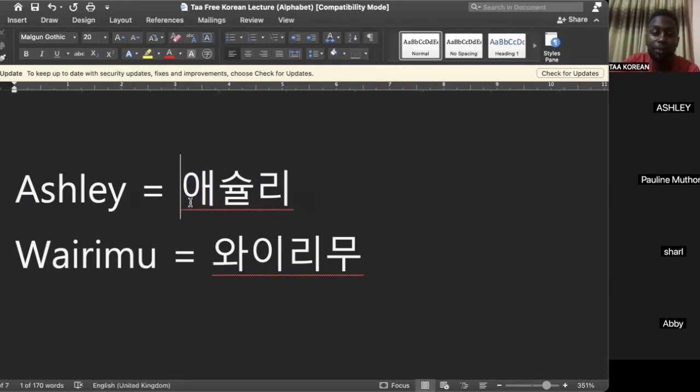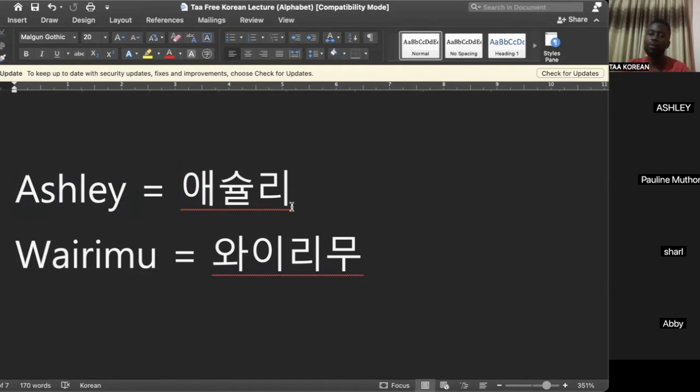Here's how your name would be written. We start with the silent letter because your name has a vowel in front, and then eh, because Americans they don't say Ashley. They say Ashley, ah. That ah sound is there. So Ashley. Now, the reason why we have S and then we have U and then the double L.